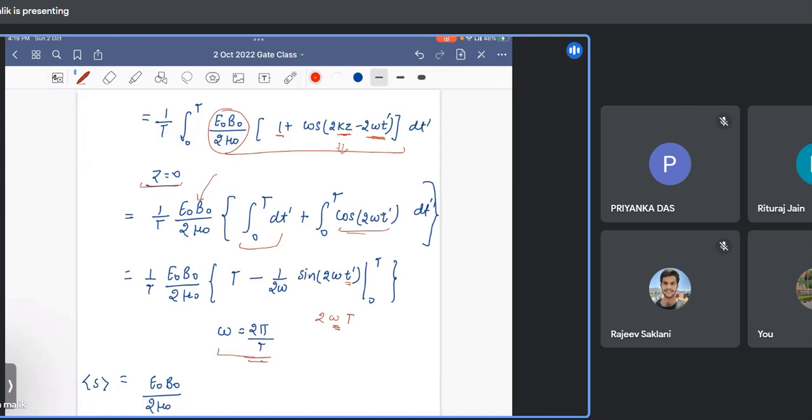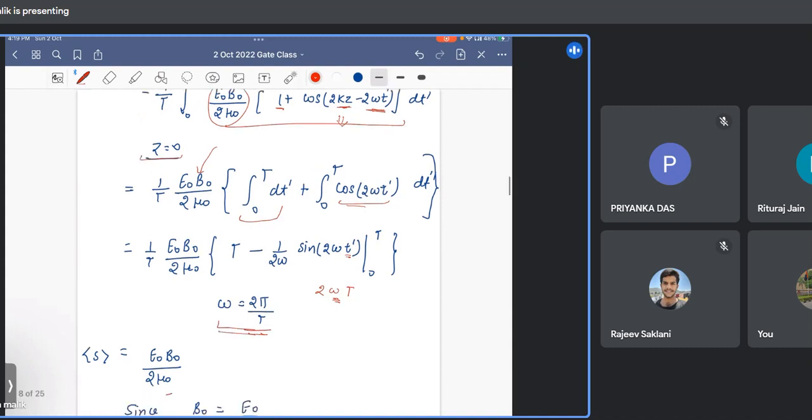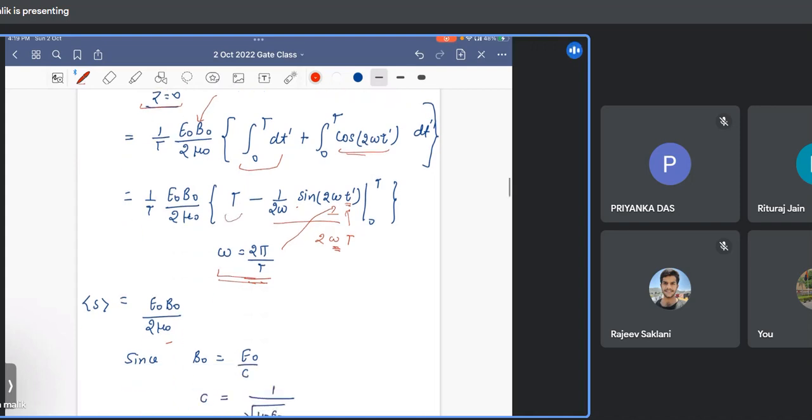So this is the default value of omega, which is 2 pi by capital T. When we put the value of omega and t dash here, this term becomes 4 pi. So sine 4 pi becomes 0, and sine 0 also becomes 0. So at both integral limits, this term is going to be 0. Only this term is going to survive, and this T will then cancel out with this T.